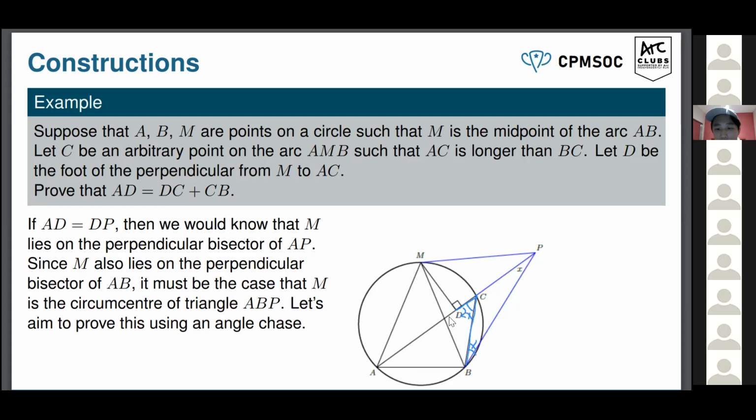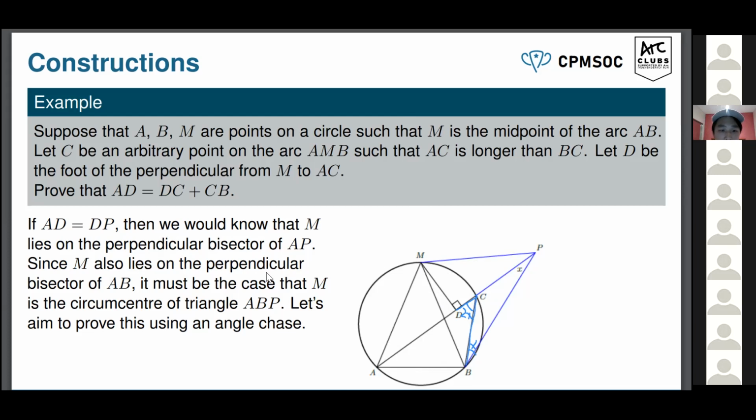So instead of proving AD is equal to DC plus CB, we now only have to prove that AD is equal to DP, which is only one length. Then we will know that M lies on the perpendicular bisector of AP. Right, because D is the bisector and DP and MD are perpendicular to AP.